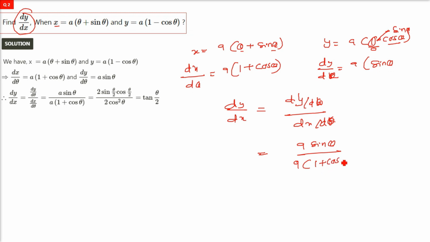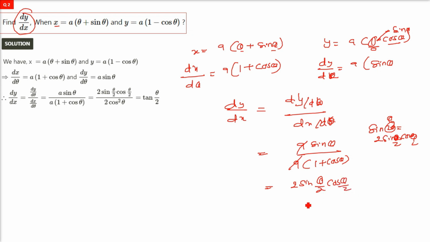You can stop here also, but because we are able to simplify it, we can write sin theta as 2 sin theta by 2 cos theta by 2. We can also write 1 plus cos theta in some way. Sin 2 theta is 2 sin theta cos theta; when it is 2 theta you get theta, when it is theta you get theta by 2. So you can write 2 sin theta by 2 cos theta by 2.